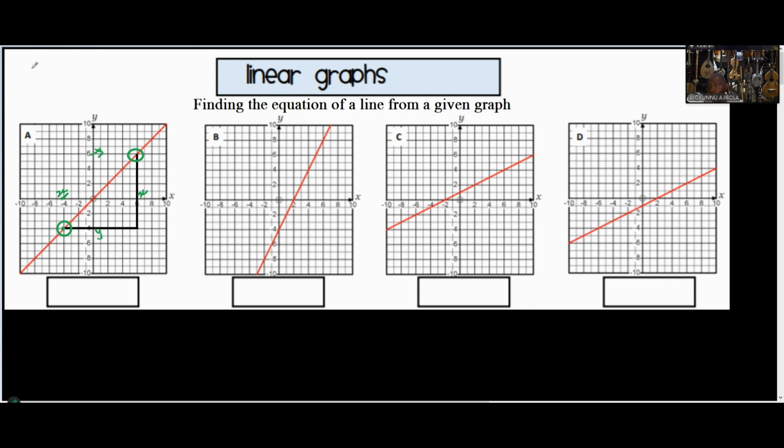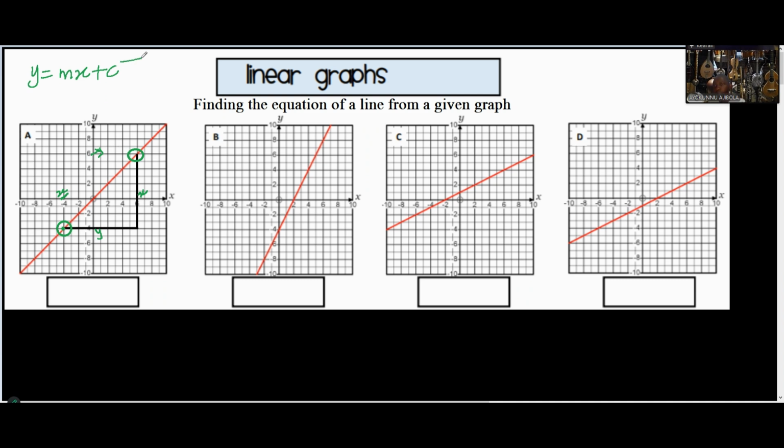So we know that the equation of a line is y equal to what? Read this. Y equals mx plus c. Good. Don't forget it. This is the equation of a line.